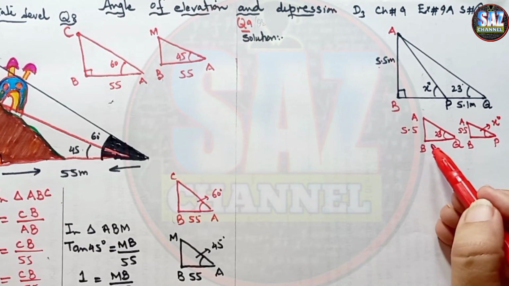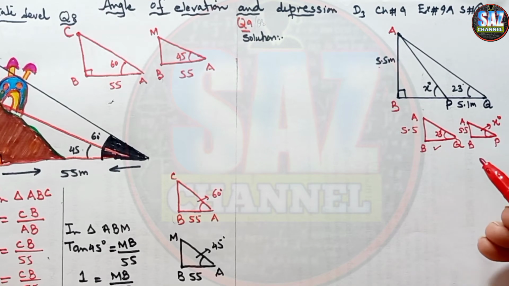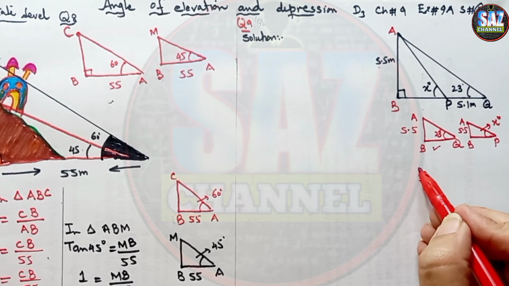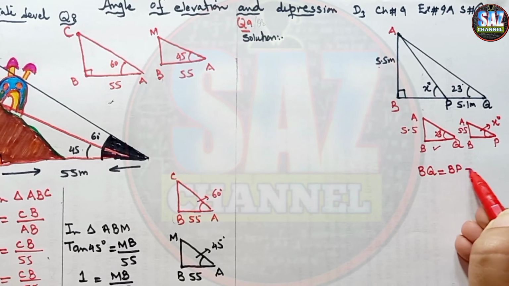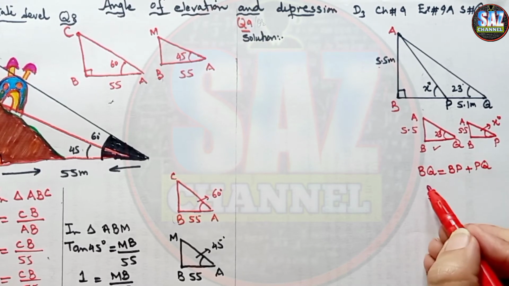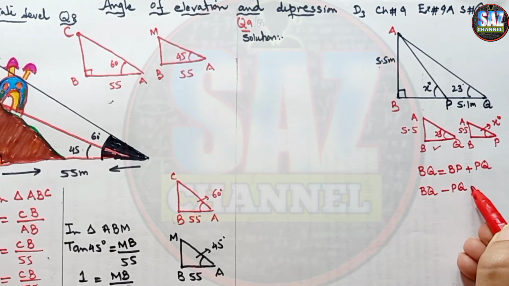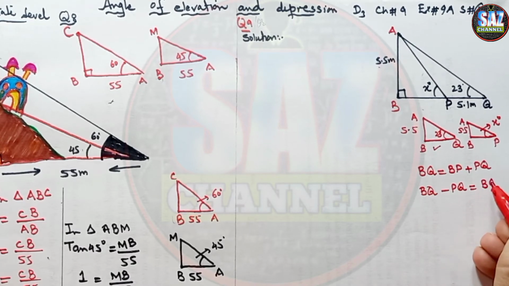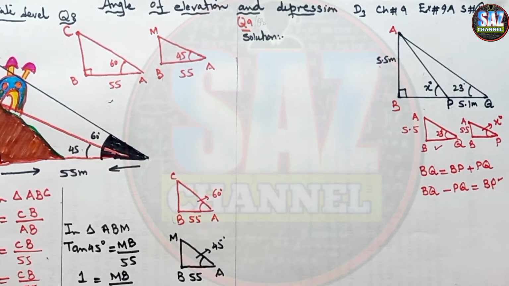But what we can do is, if we look at the outer big triangle, we can find this whole base, and this whole base BQ is actually the sum of B to P plus P to Q. In order to get value of BP, I have to take away PQ from BQ, and I will get the answer of BP, and that answer we are going to use for the calculation of this angle X. I hope now you are clear. So let's move to the solution of the question.